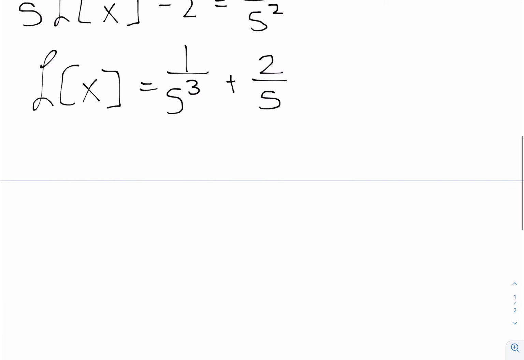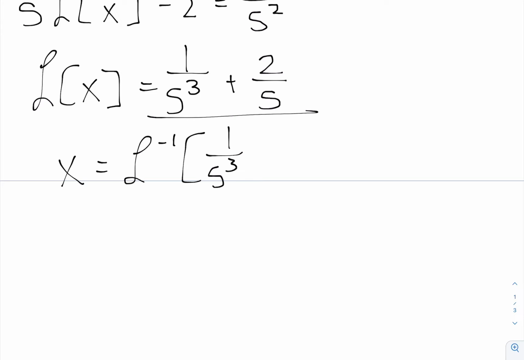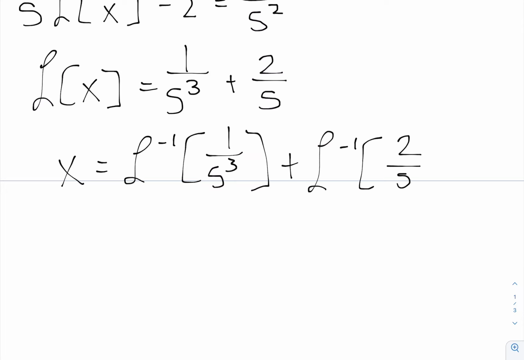Now if we just want x, we have to take the inverse Laplace. So we get x equals the inverse Laplace of 1 over s cubed, and since it's linear, I'm going to take the inverse Laplace separately, so plus the inverse Laplace of 2 over s.